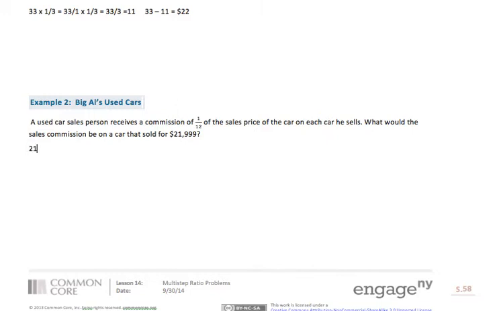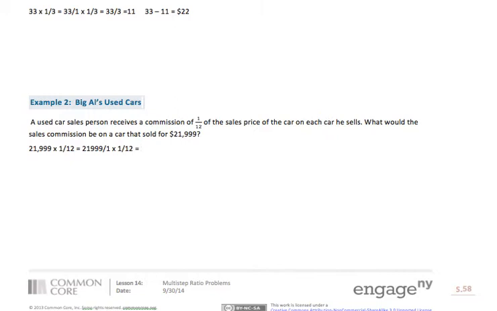In the same way that we calculated the discount in our last problems, we will calculate the commission by multiplying 21,999 times 1/12. Again, as always, we need to put 21,999 over 1, making an improper fraction, and then multiply times 1/12.